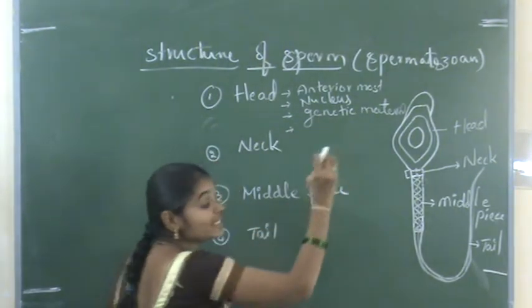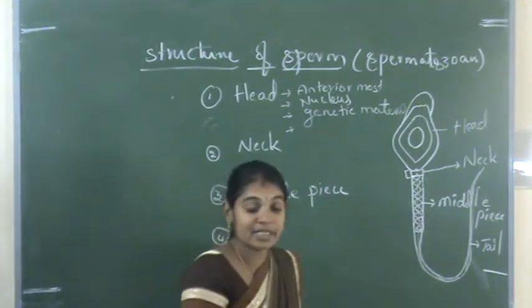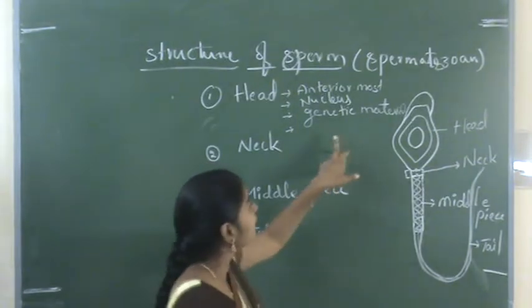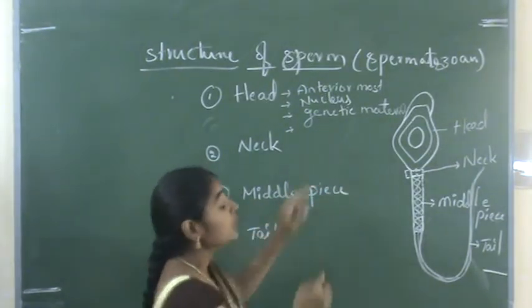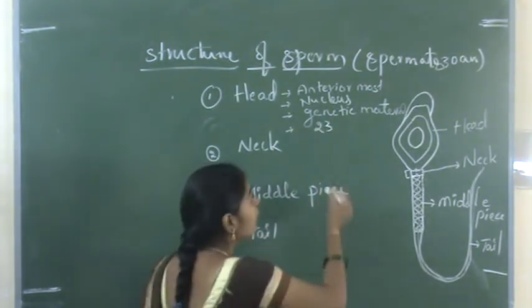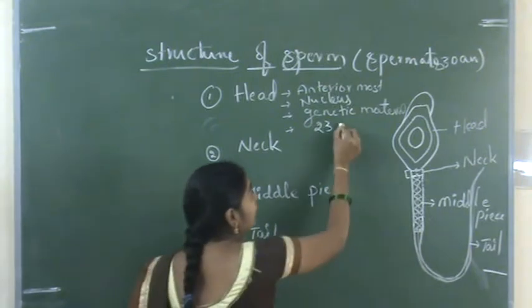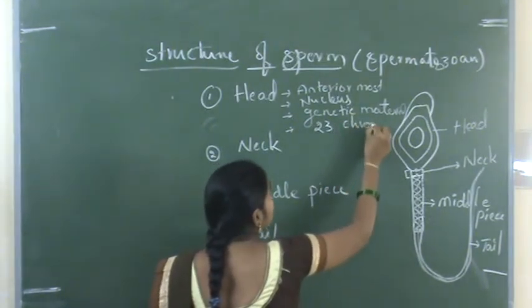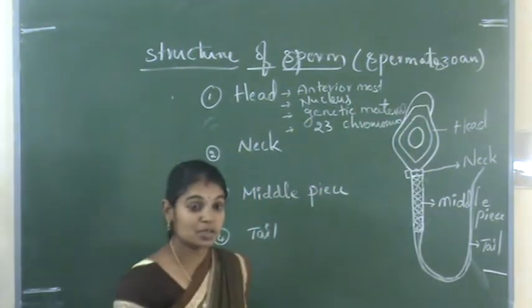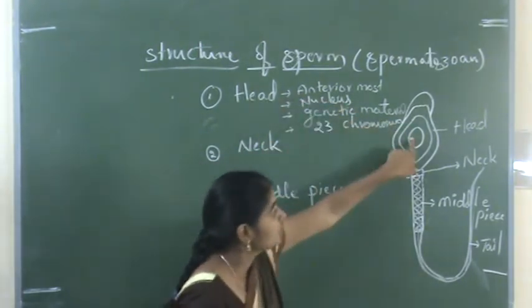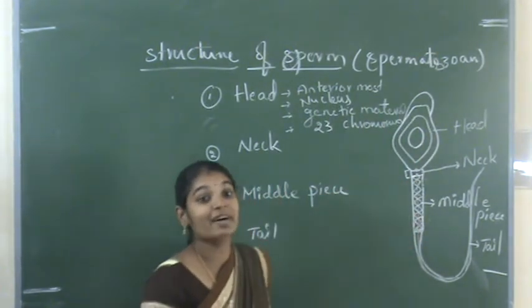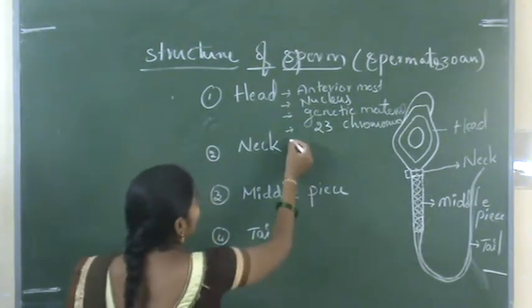As we are discussing the human sperm, it contains 23 chromosomes. So this nucleus contains the haploid number, 23 chromosomes, and the entire sperm is covered by the plasma membrane.